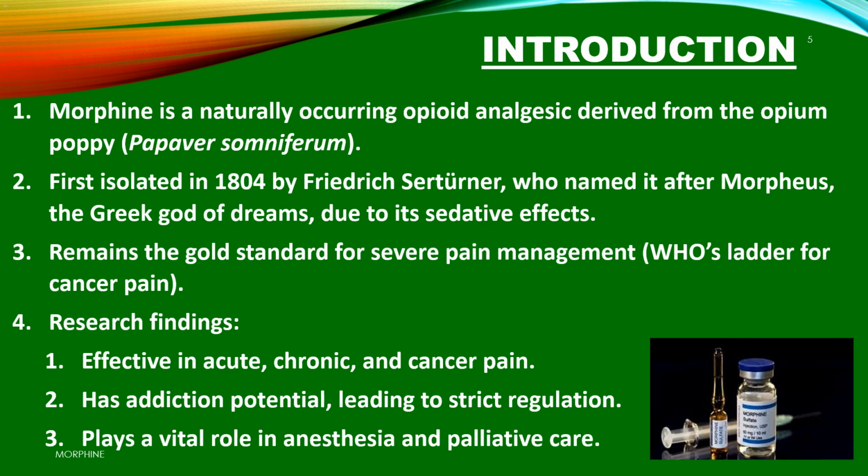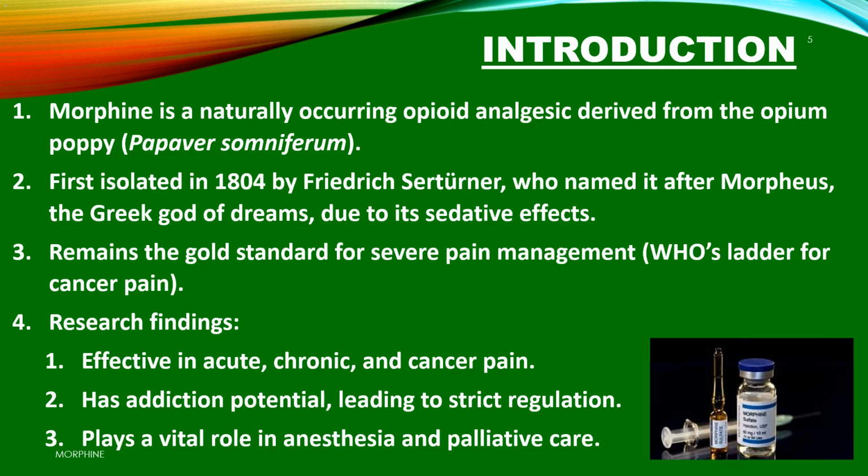Gold standard for pain management. Morphine remains the gold standard for severe pain management, particularly in cancer pain, as recommended by the World Health Organization's WHO ladder for cancer pain, underscoring its effectiveness in managing severe pain.